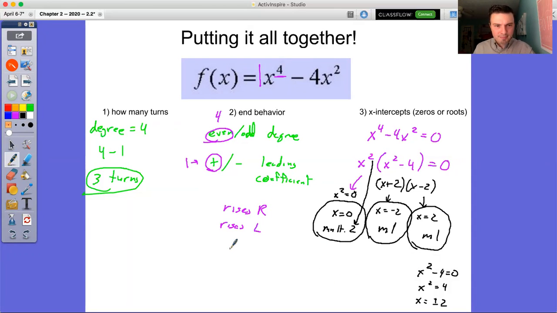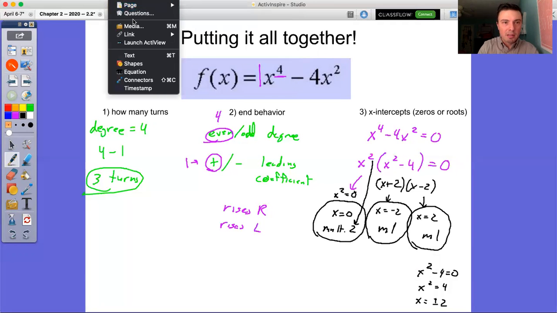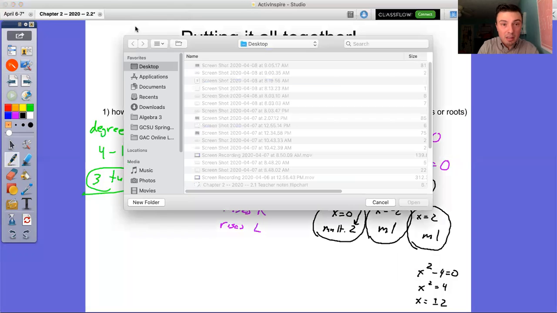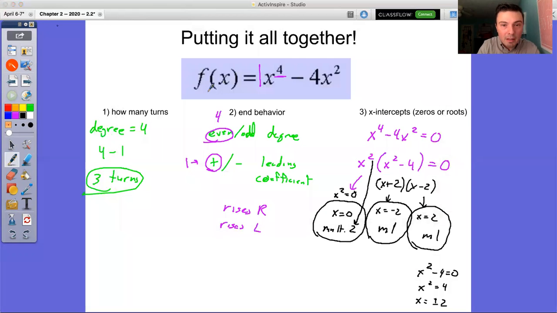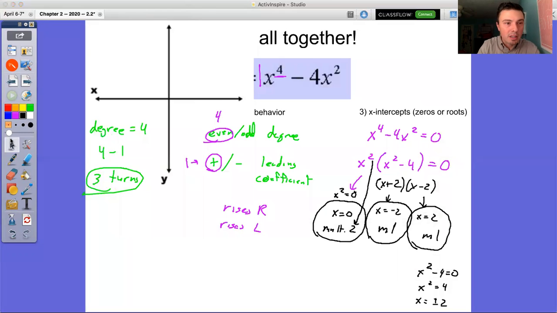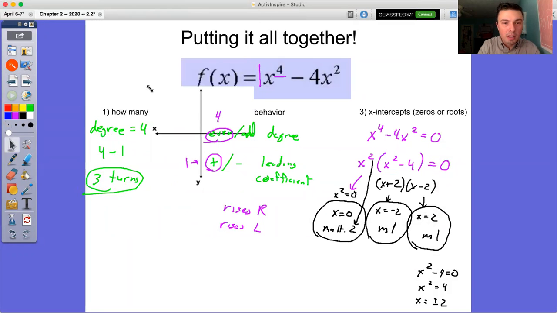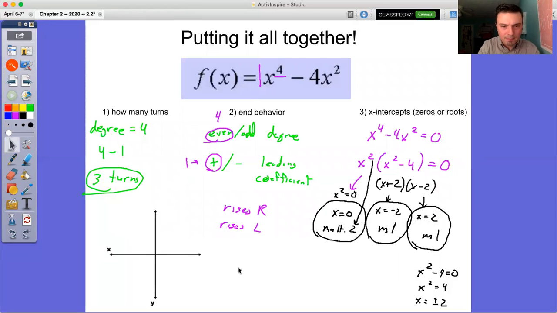Okay. Let's put this all together by putting in a graph. Where'd my graph go? There it is. Okay. So let's put all this together now for a rough sketch. All right, I know I'm going to have zeros at 0, -2, and 2.